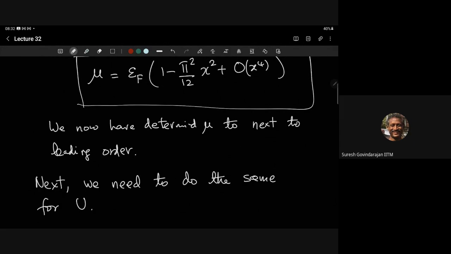Because we want to get its leading term, which will be just some zero temperature energy. What is the correction? That will again be order t square because of the symmetry thing. Same thing will happen. Everything will come as a function of x square, and if you take one derivative, you get your linear thing. So once we get the quadratic piece, we need to do it too. That is, obtain the next to leading order term.